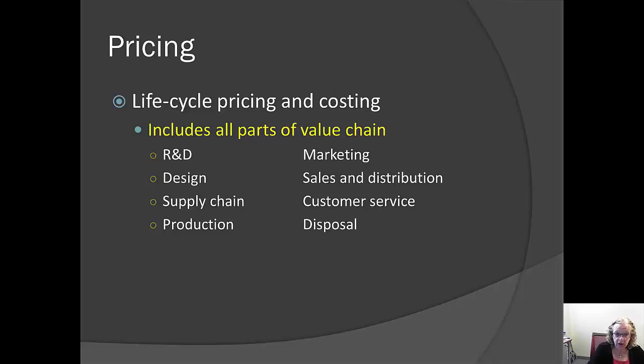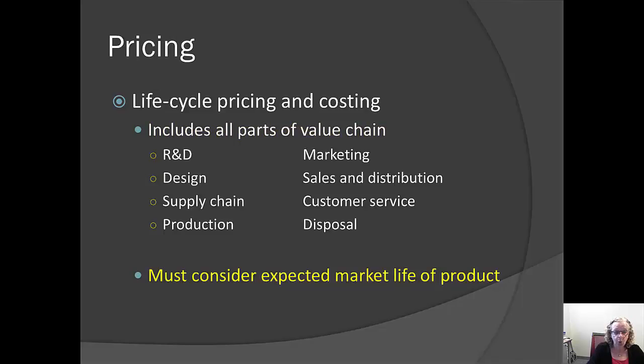Then we get into production. Then we have to market our product, sell our product, distribute our product, service our product, and depending on what we make, have disposal costs at the end of the product's life. All of these must be covered. So when we're making a pricing decision, we need to think not just about how much it's going to cost in the current period to make and sell our product.